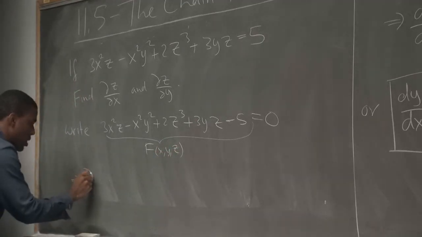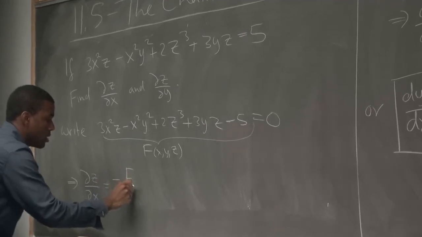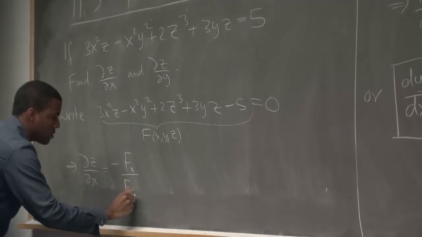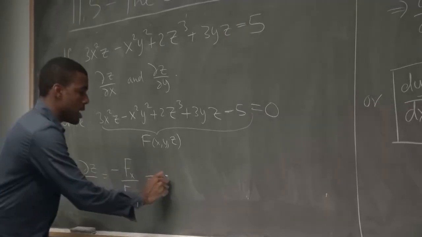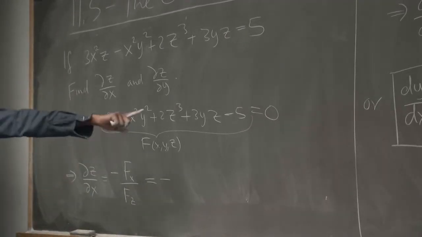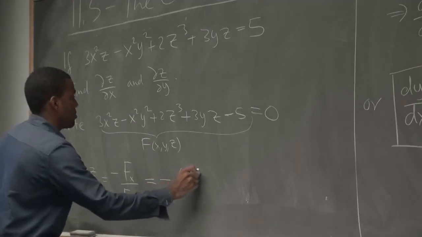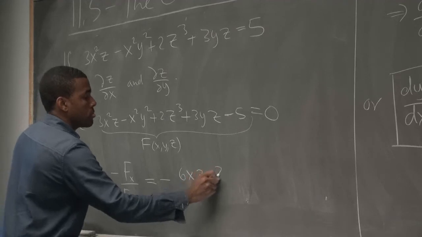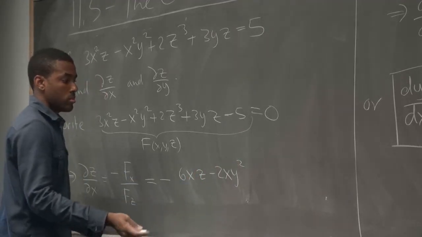Then your partial of z with respect to x is just going to be negative fx over fz, which is just going to be the minus, what's partial of this with respect to x? 6xz minus 2xy squared. That's it, right?